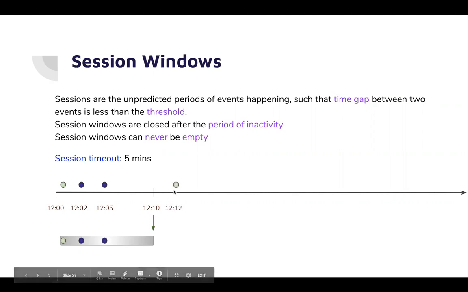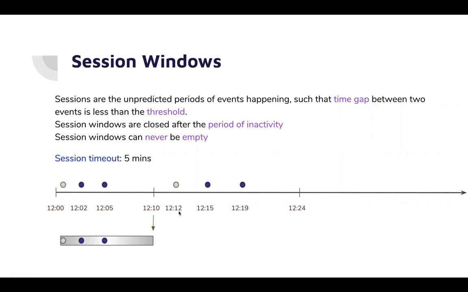Now at 12:12, a new user comes up or the same user returns and performs some operations. And again, these three events at 12:12, 12:15, and 12:19 are separated by less than 5 minutes. But after 12:19, for the next 5 minutes, there is no new operation or activity performed by the user.